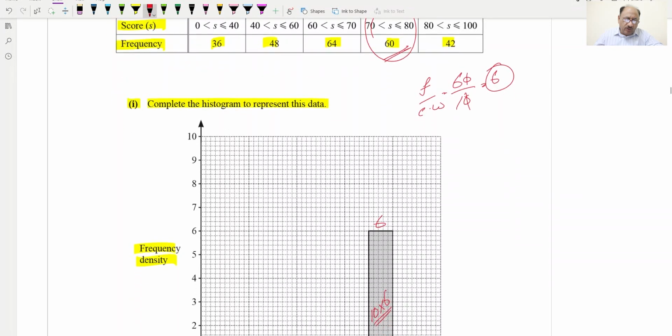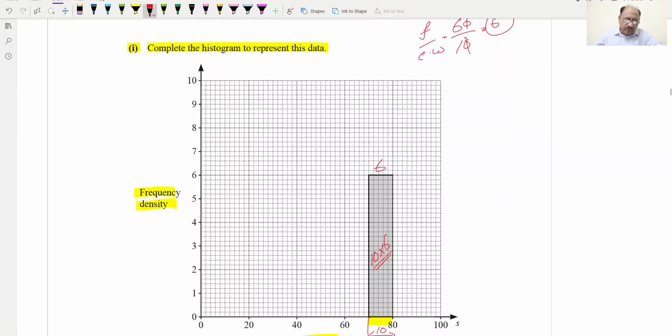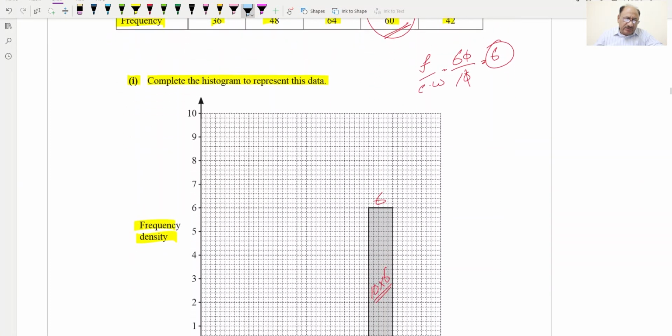So for 0 to 40, first of all we identify the class width, which runs from 0 to 40 up to this point, and the frequency is 36.